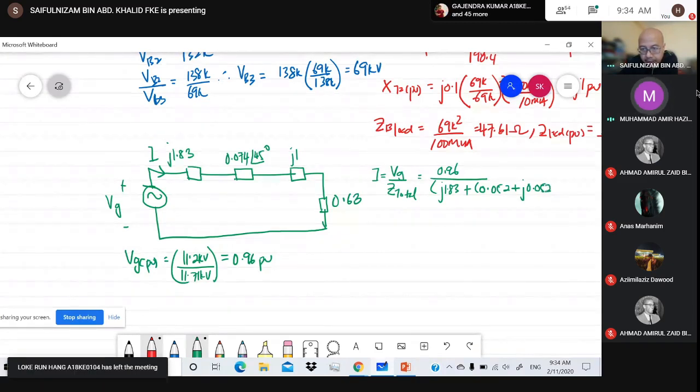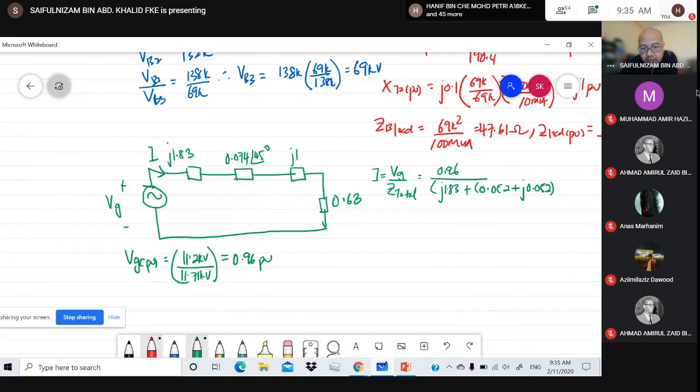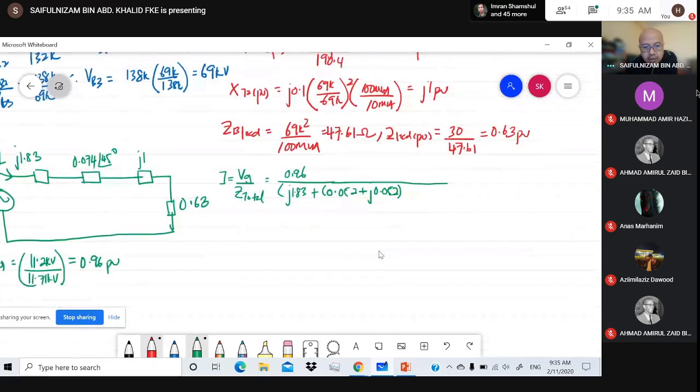Because you have the summation, it is better to change from polar to rectangular. Easy to check. Otherwise, you depend on your calculator, and it's very difficult because you cannot see. Plus j1 plus 0.63, right?